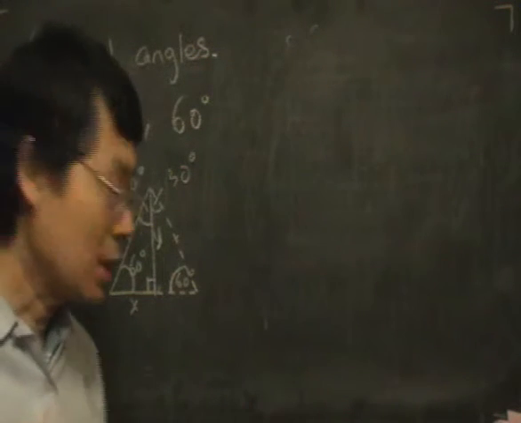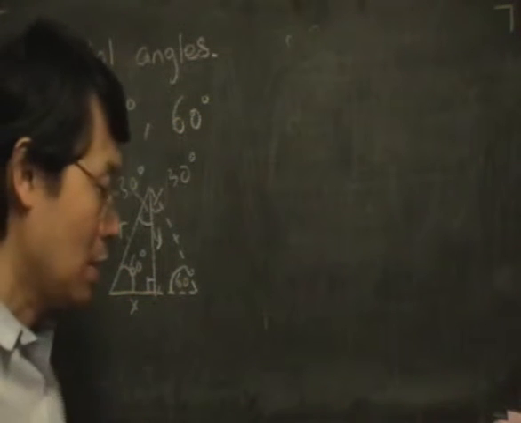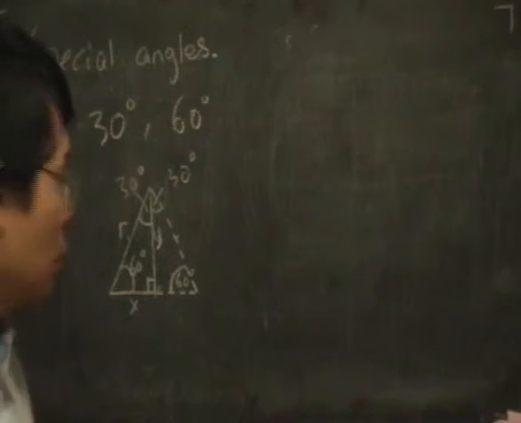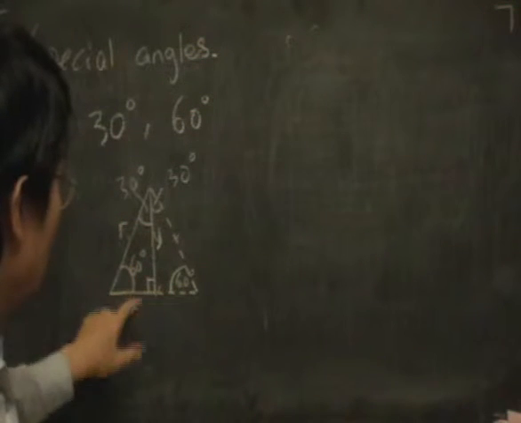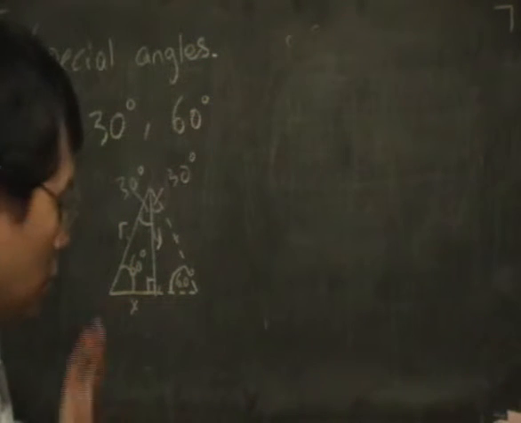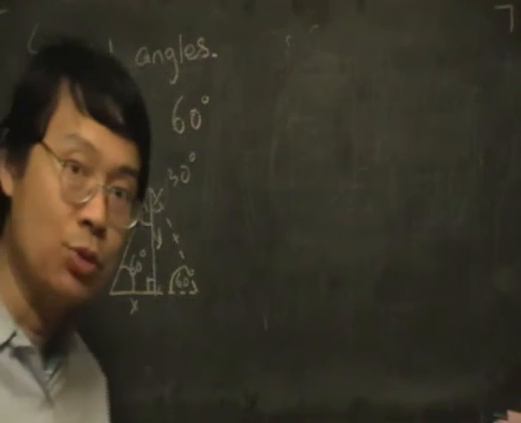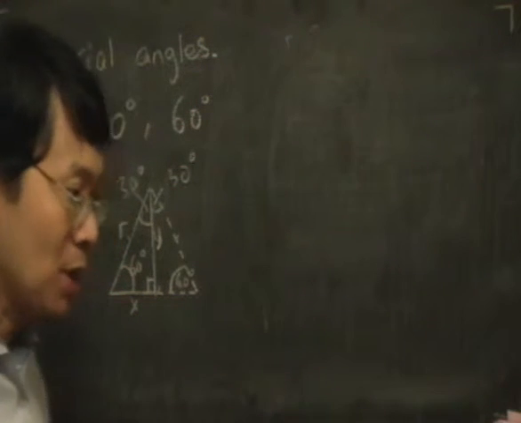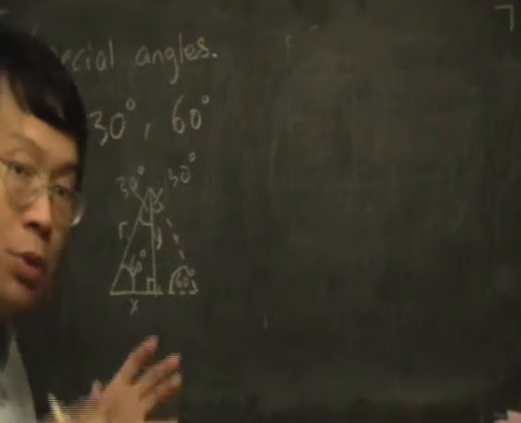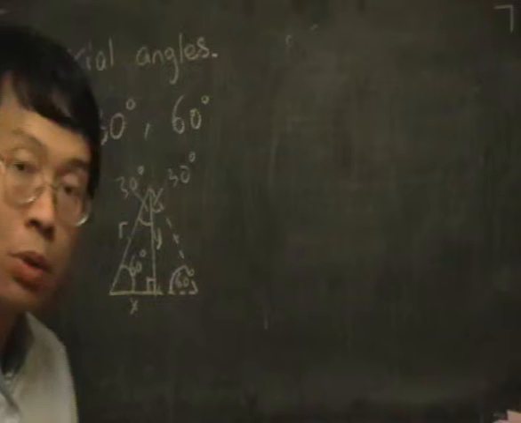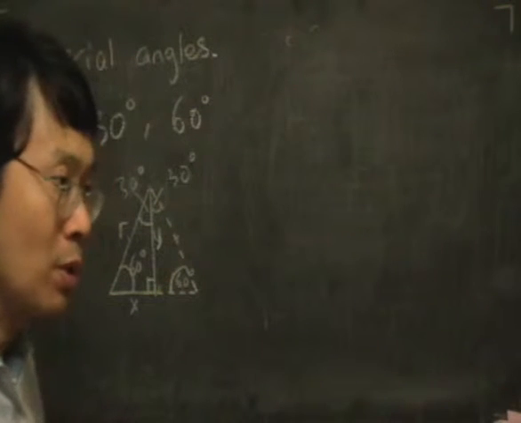Now we can do that because we have seen in the previous session that no matter whether this right angle triangle is bigger or smaller, when you use it to find the sines and cosines, you will always get the same answer.